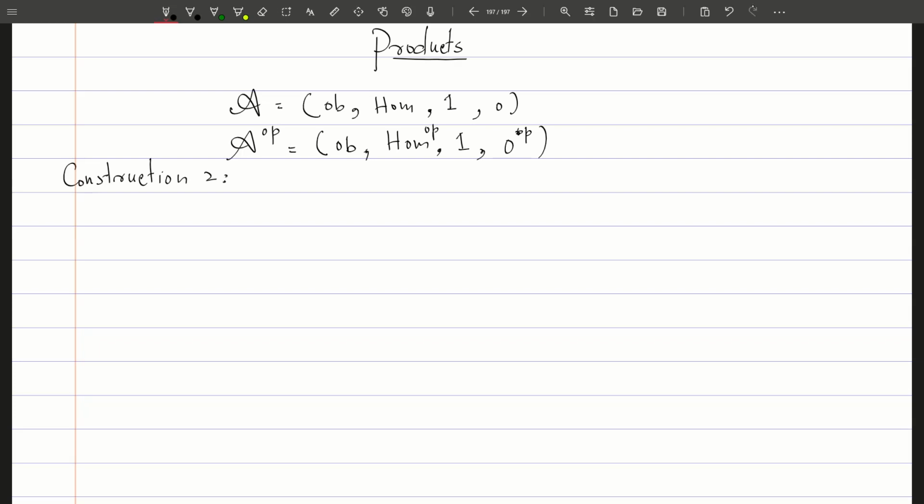Here we are given two categories and we define their product. Let A and B be two categories.